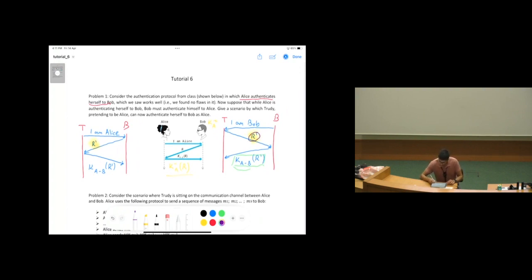What Bob will send her will be, instead, KB minus of R. And what Bob will expect from Trudy will be KA minus of R, which Trudy did not obtain in this scenario. Correct? Trudy did not obtain KA minus of R. So this works.